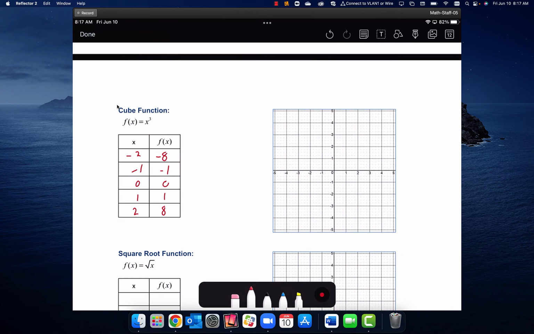Plot those points. -2, -8 is a little off the grid. So is 2, 8. Just play connect the dots. And we have our cube function.